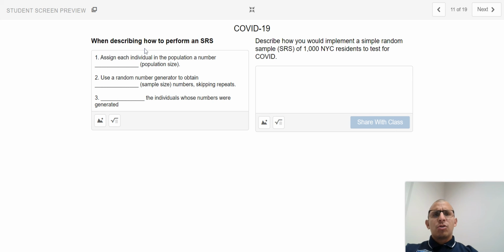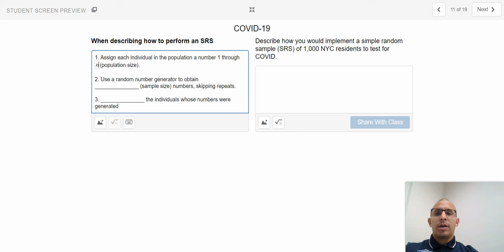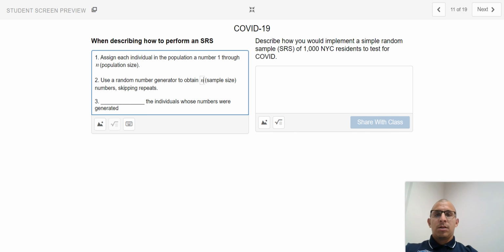Now, there is a little bit of a roadmap here as well when performing a simple random sample. We can assign each individual in the population a number 1 through n, n being the population size. So if we had 1,000 humans in our population, we would assign them a number 1 through 1,000. We would then use a random number generator to obtain the sample size that we would like, skipping repeats, right?